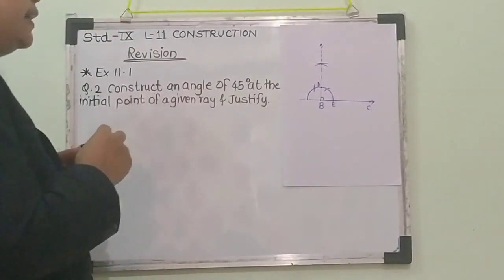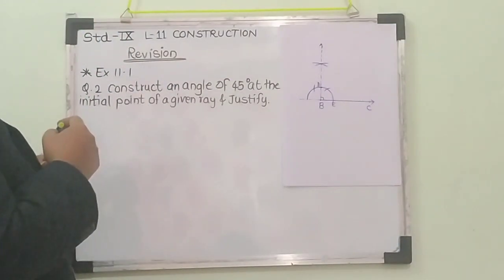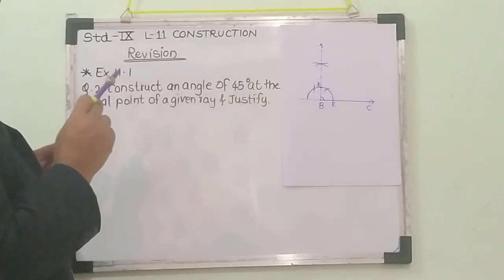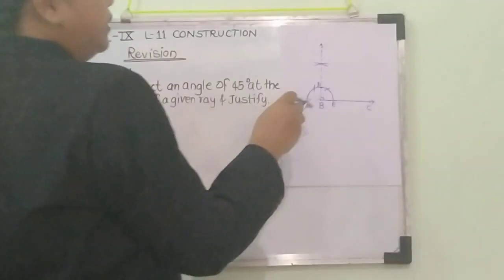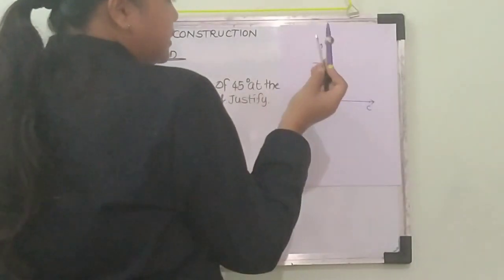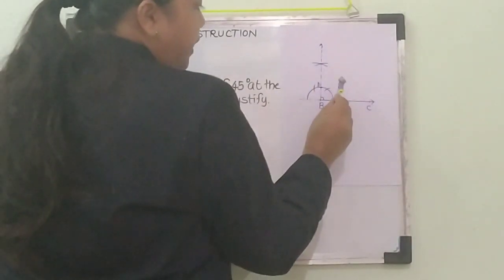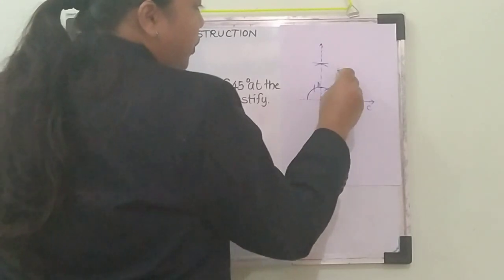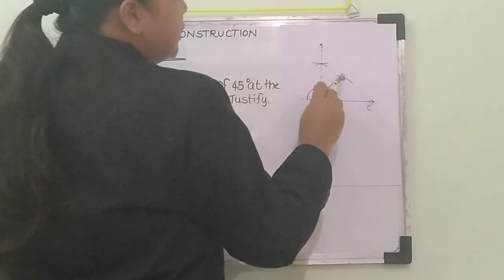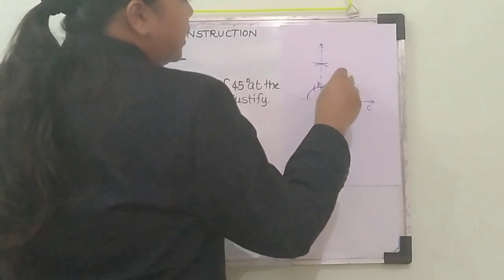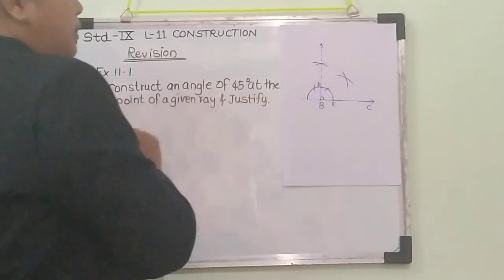So from point D and E we have to draw the two arcs with same distance. So I will take distance in the compass. From point E, we have to draw the arc. Same distance from point D, we have to mark the arc.